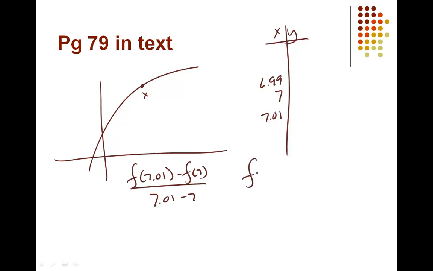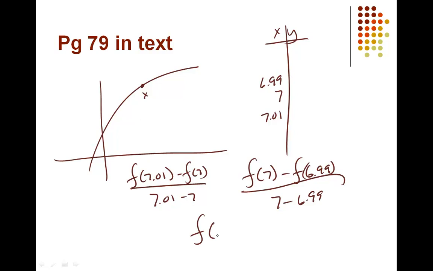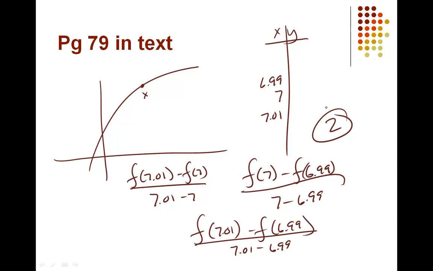The backwards is saying do the slope between 7 and 6.99. And the symmetric would just be the slope from 7.01, f of 6.99, over 7.01 minus 6.99. I think the book uses numbers around 2 instead of around 7, but you get the idea.